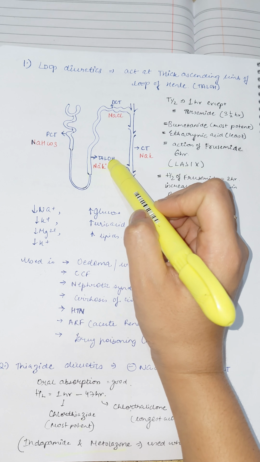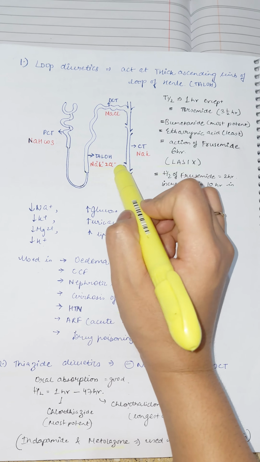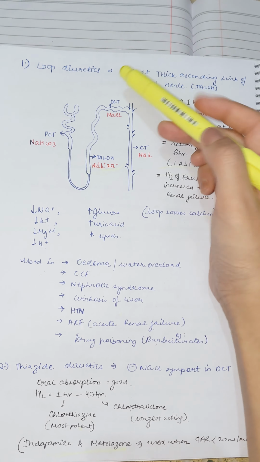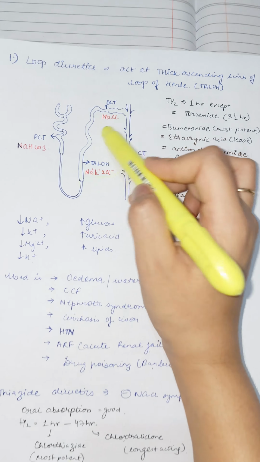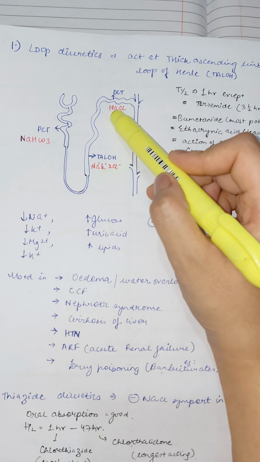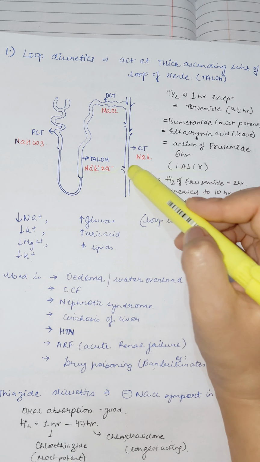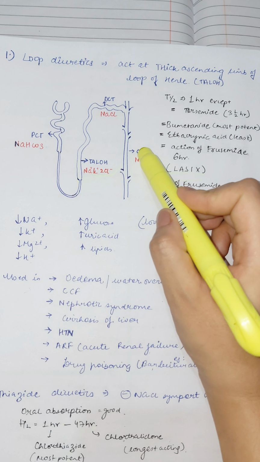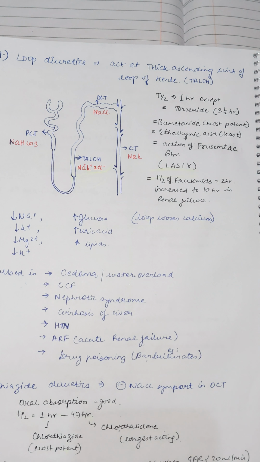Then we have the thick ascending loop of Henle, which has NaK2Cl, and it is inhibited mainly by loop diuretics. Then we have DCT. It has NaCl, which is inhibited by drugs like thiazides. And last are the NaK channels in the collecting tubule, which are inhibited by potassium-sparing diuretics.